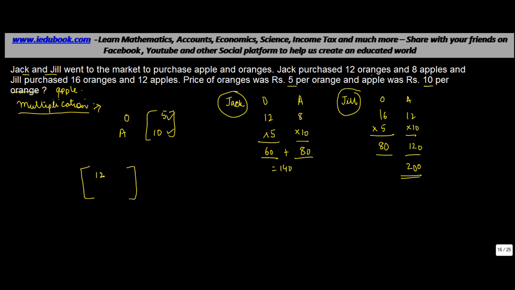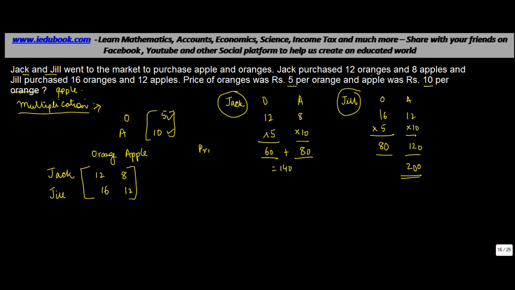Jack purchased 12 oranges and 8 apples. This column represents the orange. This column represents the apple. And this is what Jack bought. Now if you go to Jill, how much did she buy? She bought 16 oranges and 12 apples. So you can represent this information in the form of a matrix, the requirement matrix.